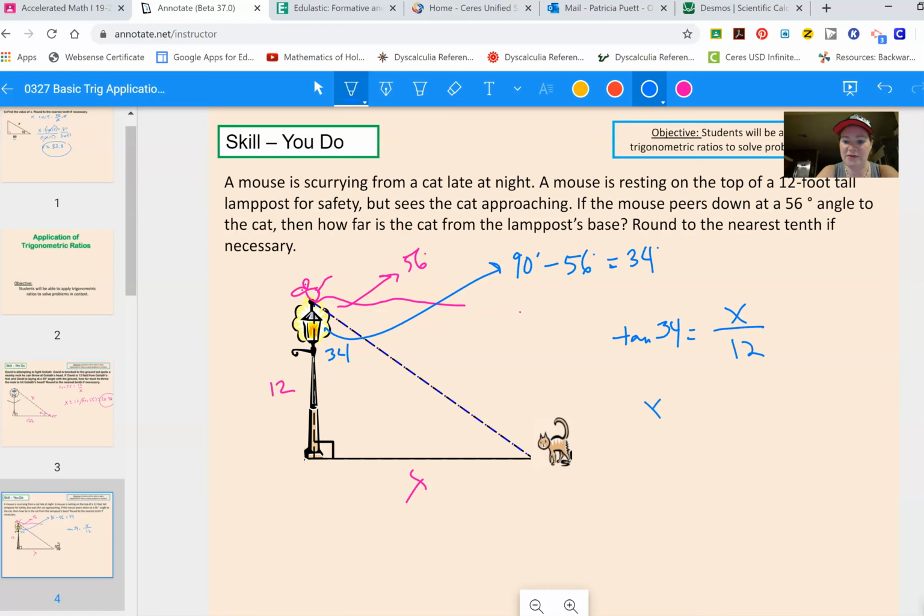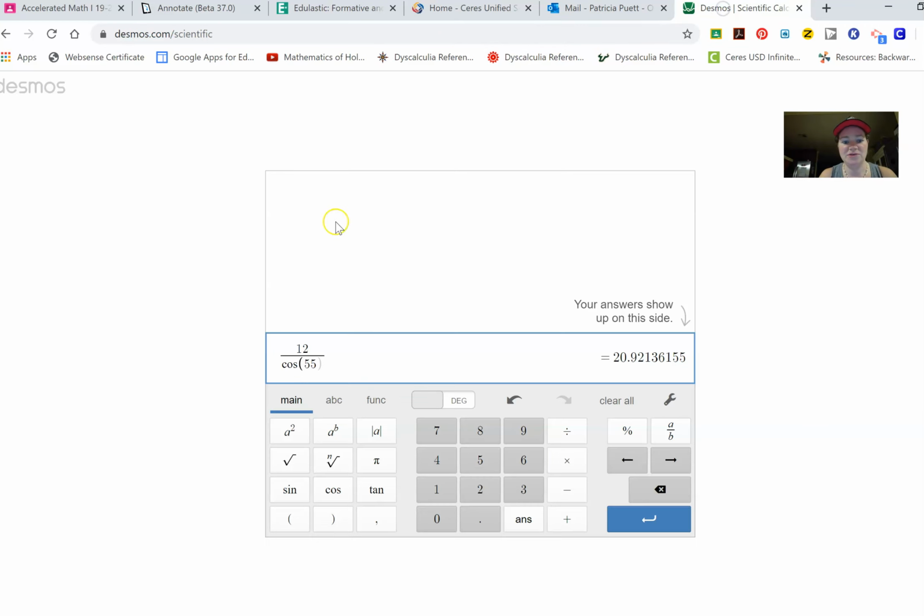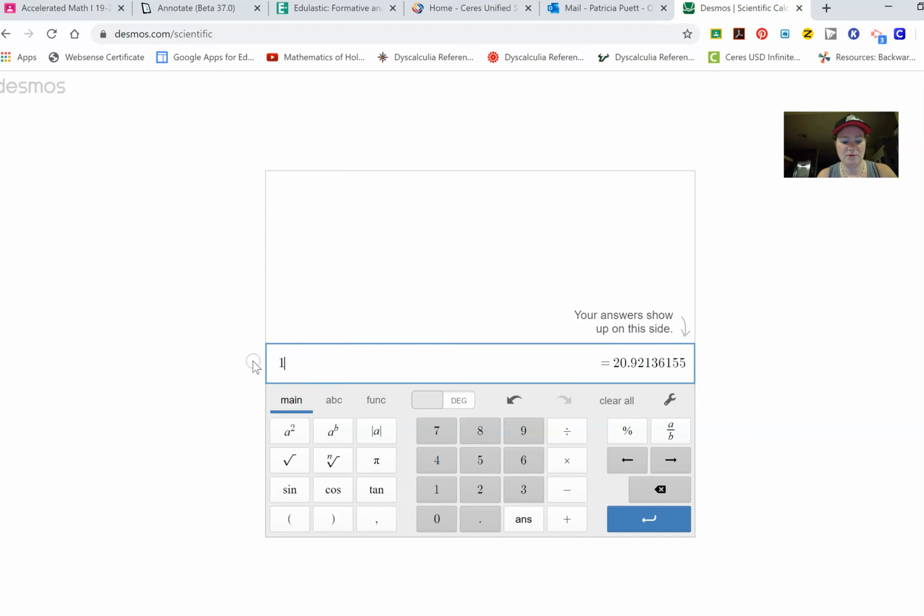And then to figure out the value of x, I'm going to do 12 times the tangent of 34. That gives us about 8.1.